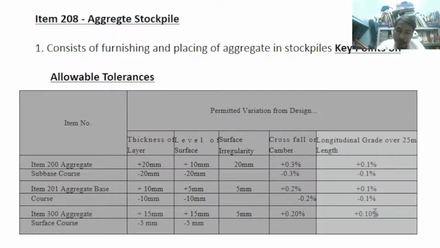So remember the precision. Let us say the surface course is only 10 mm, or let us say 20 mm. 0.1% of 20 mm is 0.02 mm.